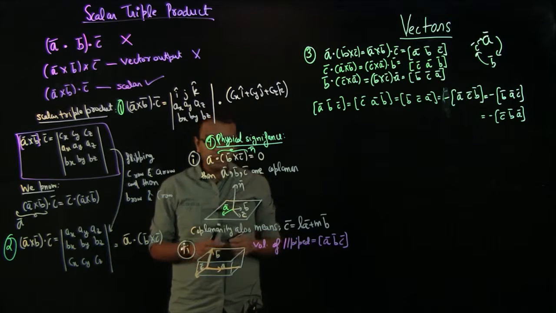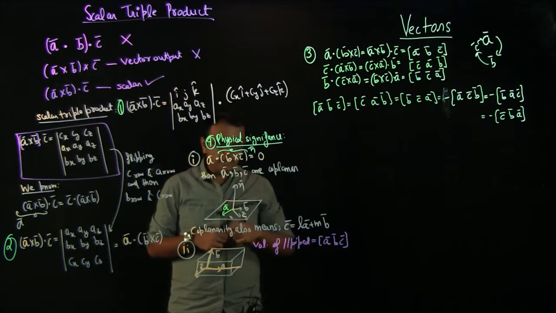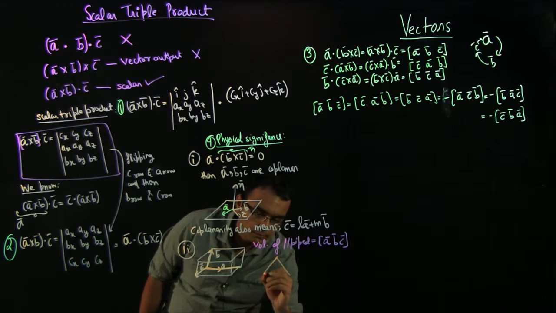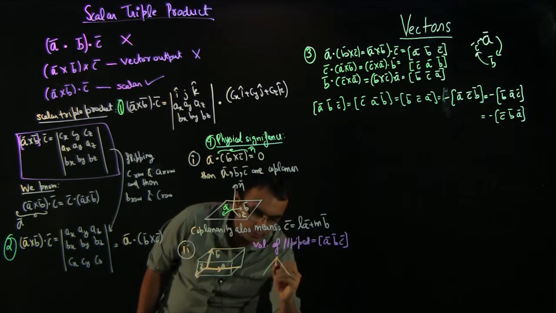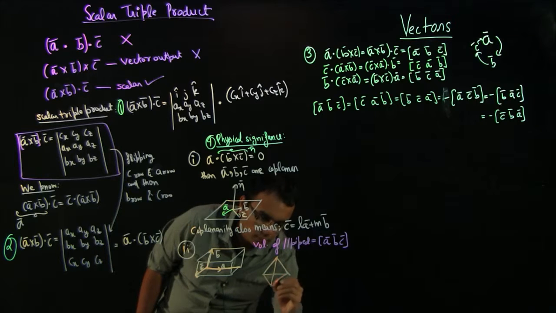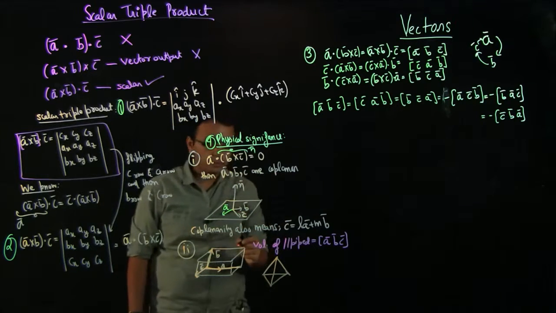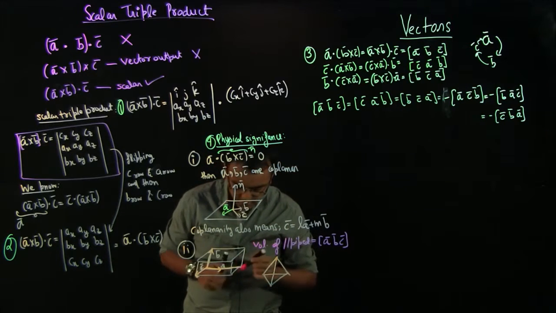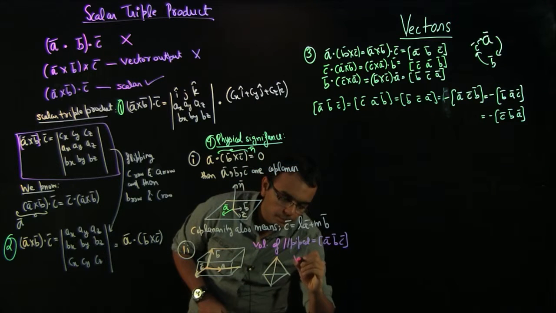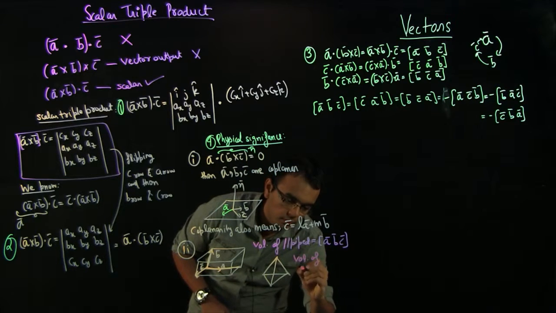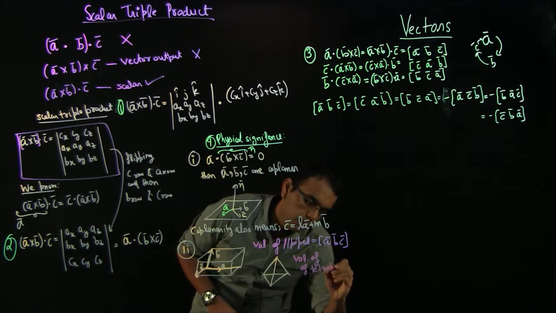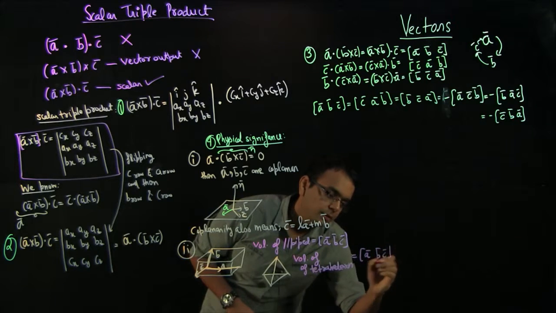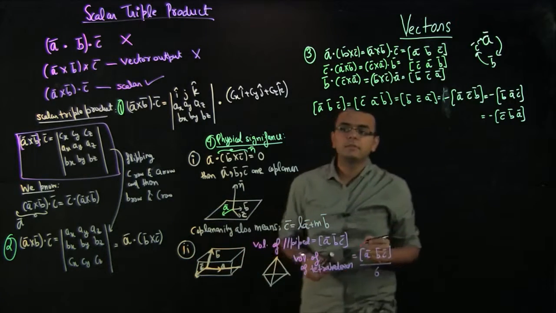And if there is a tetrahedron with these sides ABC, then the volume would be ABC by 6.